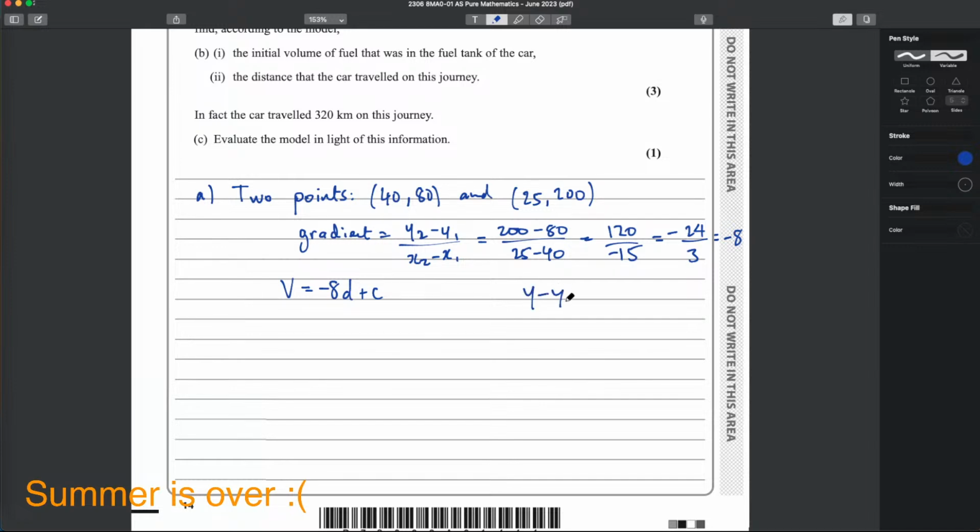It's y take y1 equals x take x1. Oh yeah, I think, is that right? Is that how it looks? No.